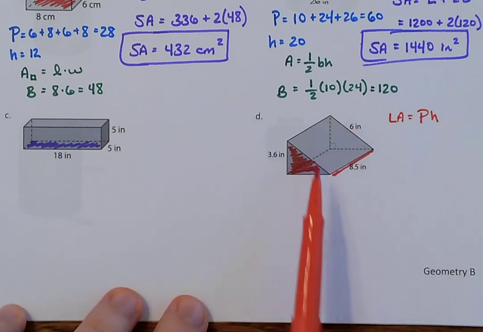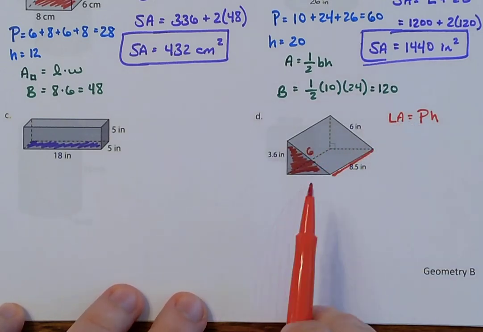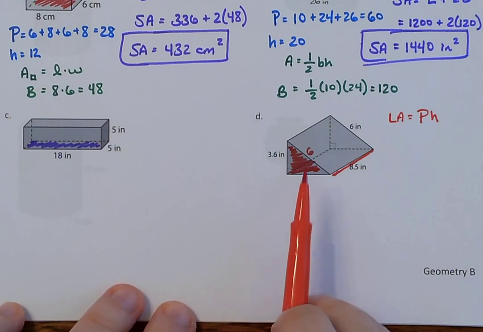Well, I know this side to be 6, but I do not know the measure of this side. So they do not tell me one of the side lengths I need to know. So how do you figure this out?